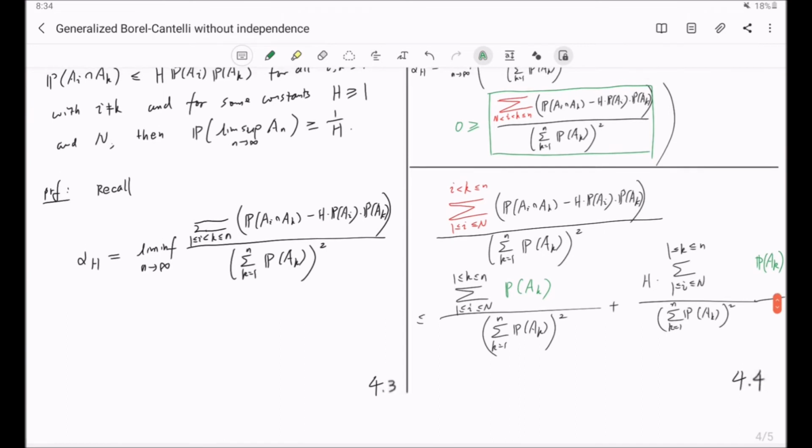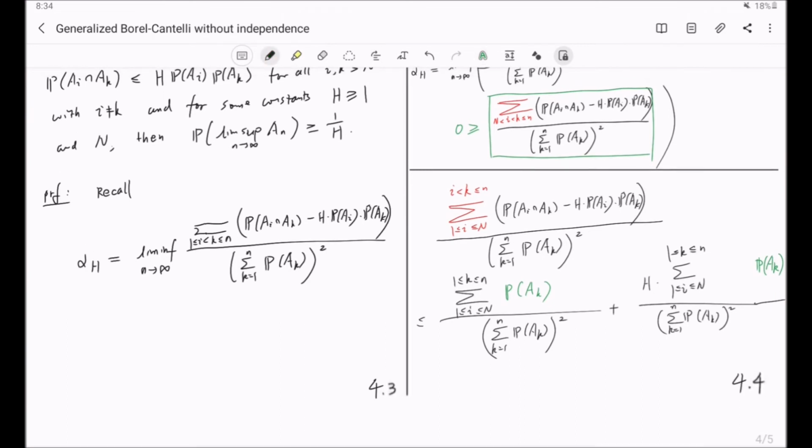So this whole thing will be equal to 1 plus h times capital N times the summation from k equals 1 to n of the probability of AK, divided by the square of the summation from k equals 1 to n of P of AK.